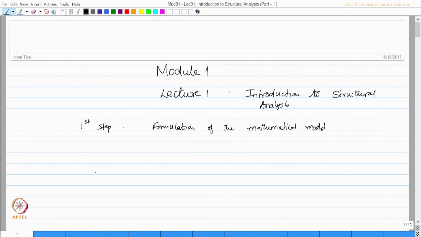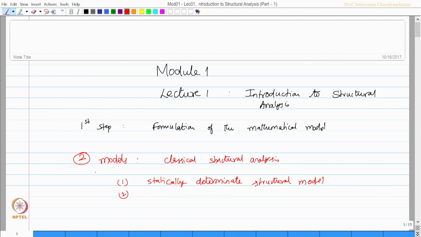The moment I say we require a mathematical model, essentially there are 2 models which are useful to solve problems in classical structural analysis, namely statically determinate structural model. The second one is statically indeterminate structural model.